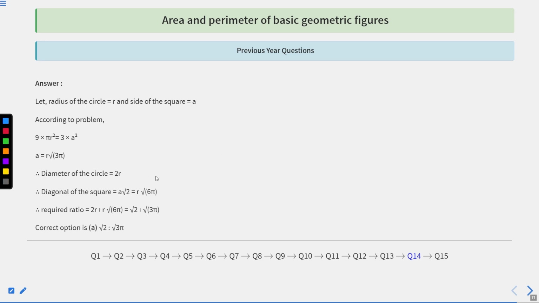Once I substitute the value of a, it will be r times under root 6 pi. So the ratio will be 2r upon r under root 6 pi, and that is equal to root 2 is to root 3 pi. So the correct option here is option A, that is root 2 is to root 3 pi.